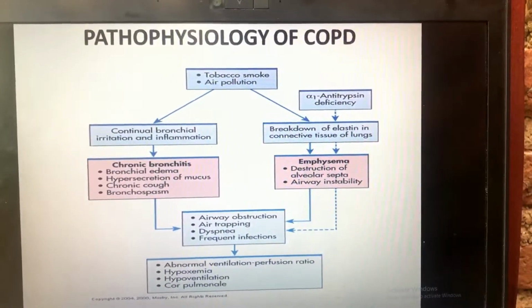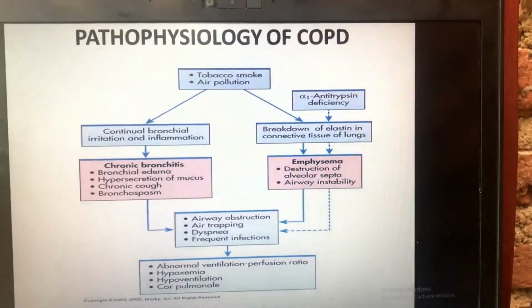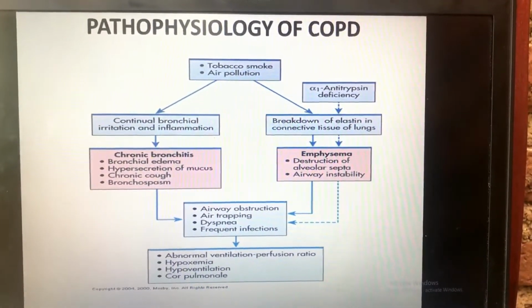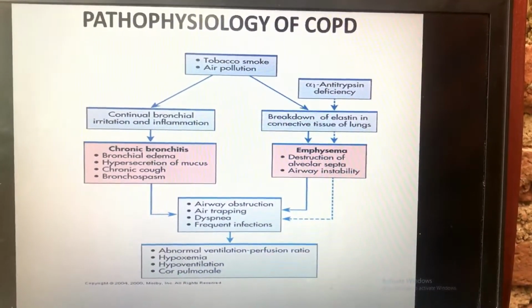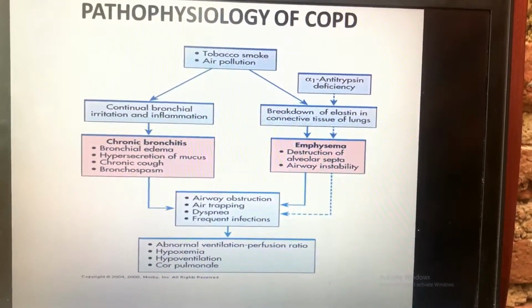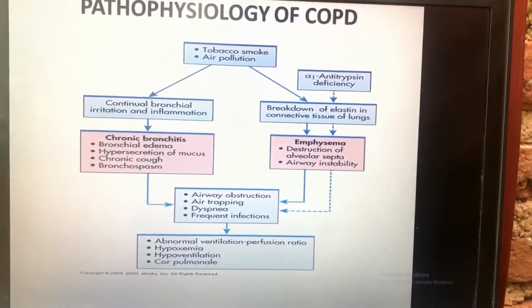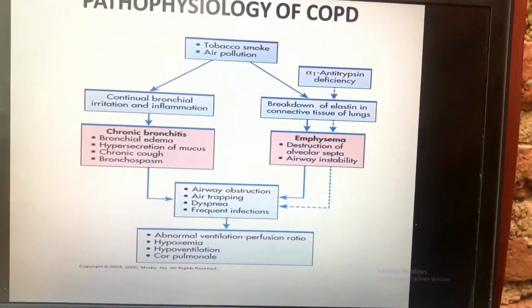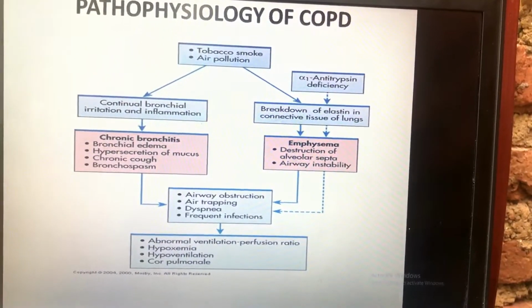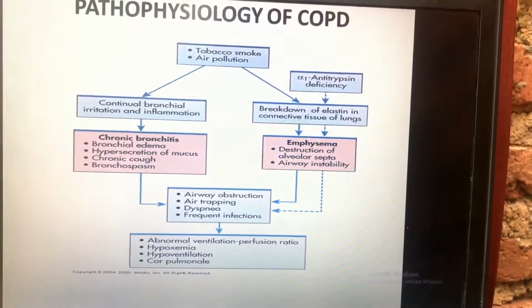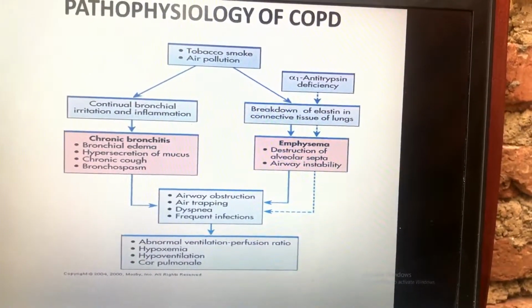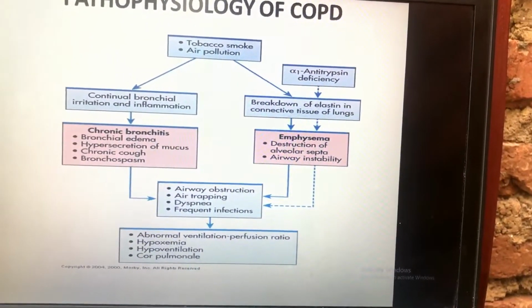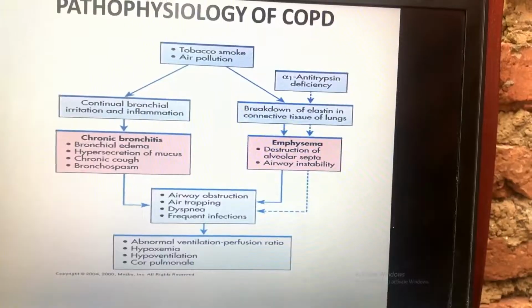We are exposed to the smoke and air pollution that will cause continual bronchial irritation and inflammation that will lead to chronic bronchitis. It will be said chronic bronchitis because we have bronchial edema, hypersecretion of mucus, chronic cough, and bronchial spasm. This will lead to air obstruction, air trapping, dyspnea, and frequent infections. That will result in abnormal ventilation perfusion ratio, hypoxemia, hypoventilation, and cor pulmonale. Hypoxemia, this is the low oxygen in the blood.